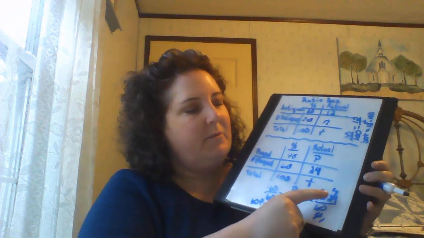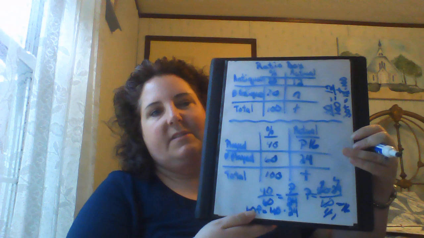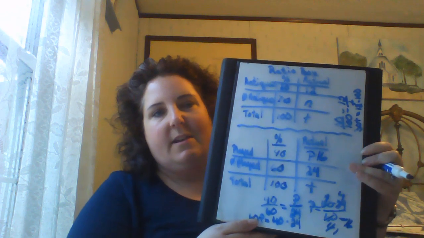So now I have my problem that I can set up. 4 times 4 divided by 1. So 4 times 4 is 16. So the total number of students who did play is 16. So my actual students who played are 16. Okay? Nice job. Now I'm going to erase this really fast, and we're going to go on to the next problem.